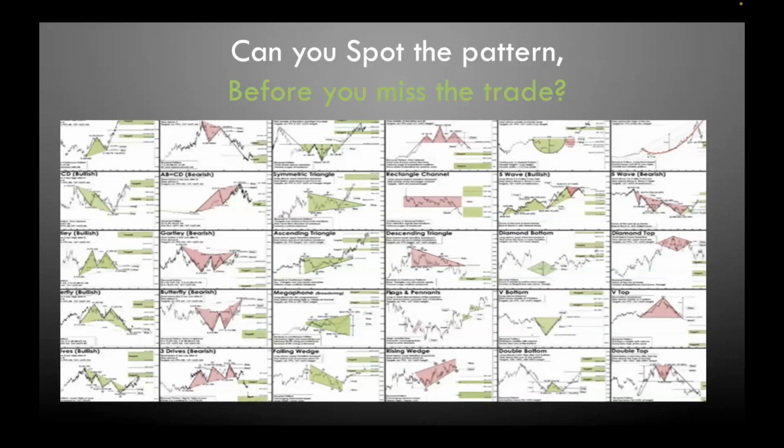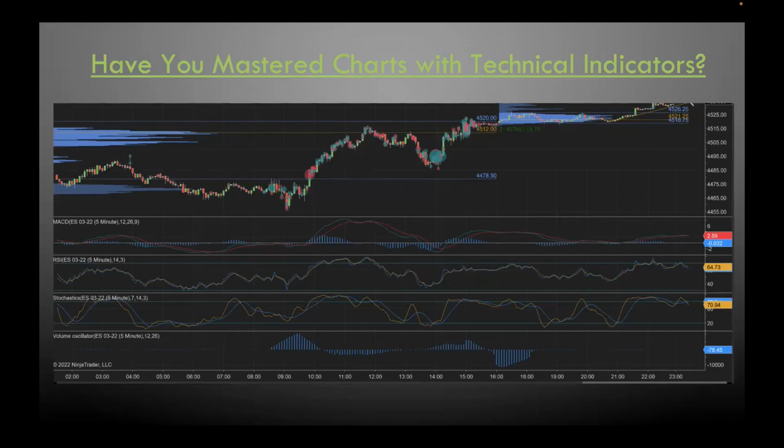Right here, we're looking at 32 different patterns that you would typically need to spot to know whether you're going to enter and exit that trade. And then after that, you need to take that data and enter or exit based on all this information, right? On top of that, you have the typical technical indicators, the MACD, the RSI, volume oscillator.